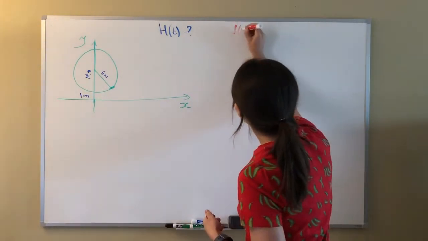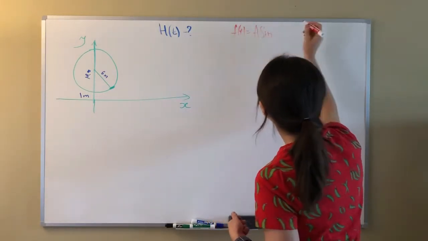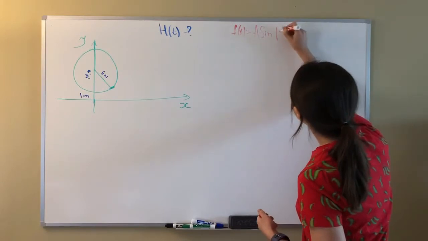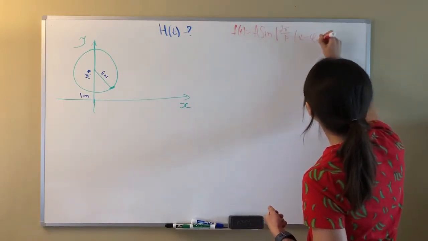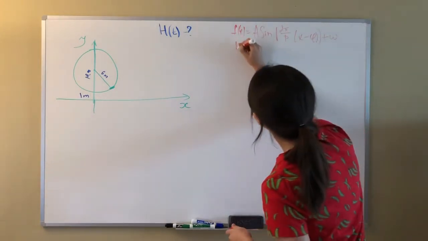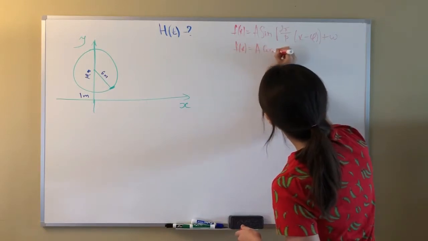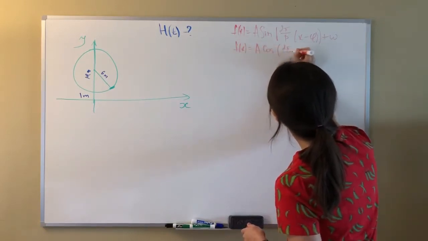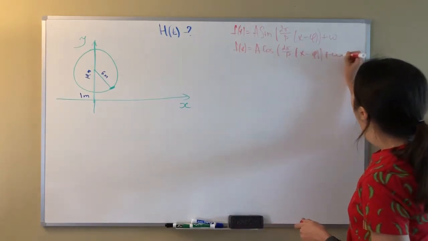Here we have f(x) equals A sin(2π/P (x minus Pn)) plus W, and that would be exactly the same thing for cosine: A cos(2π/P (x minus Pn)) plus W.